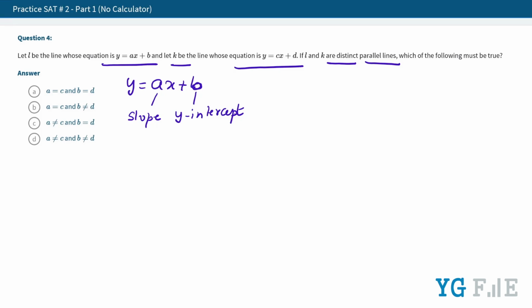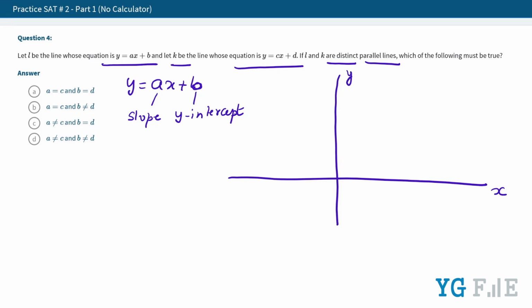Now, in order to understand the relationship and analyze the information, let us try to draw the two lines on a coordinate system. If we have this as the x and y axis, let us draw the line L which represents y equals ax plus b.